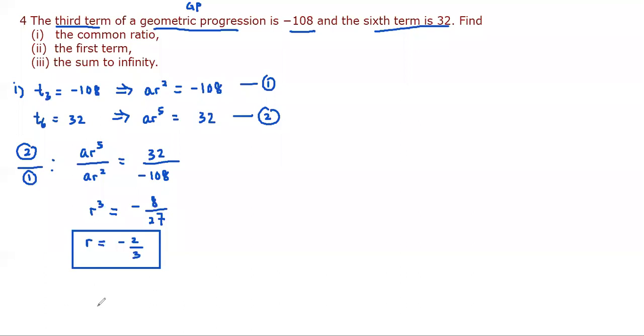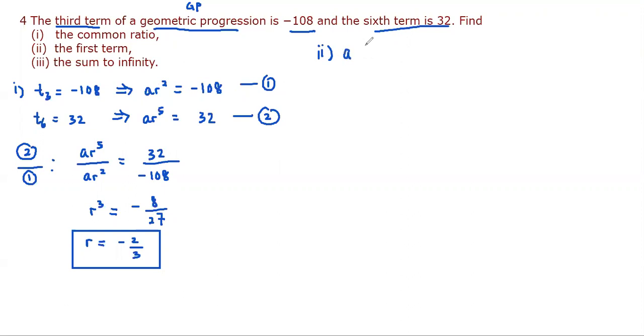Okay, now you have the common ratio here. That is for part 1. For part 2, you are asked to find the first term. First term is the value of a. You either use equation number 1 or equation number 2. I would use equation number 1. There's no point finding r to the 5 here. It's just a waste of time.